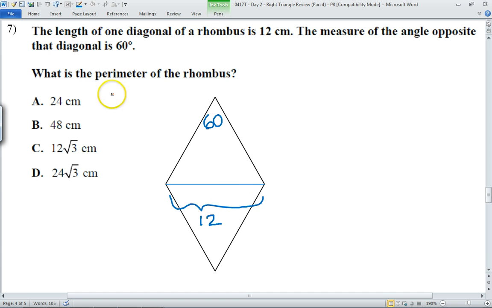We're supposed to find the perimeter. What does the word perimeter mean? Well, the perimeter is what you get when you add up all the sides. So obviously we're going to need to know the length of these sides. I don't know any formulas for just an equilateral triangle like this. Yeah, so we know these are the same.